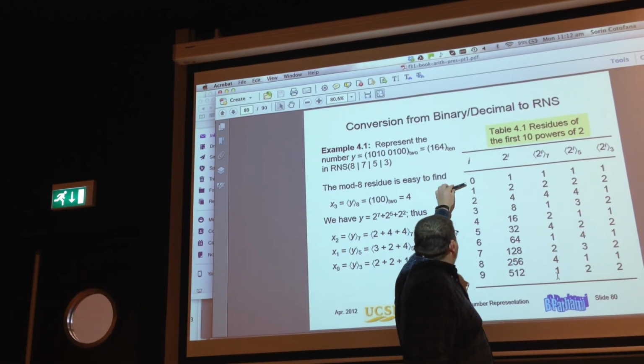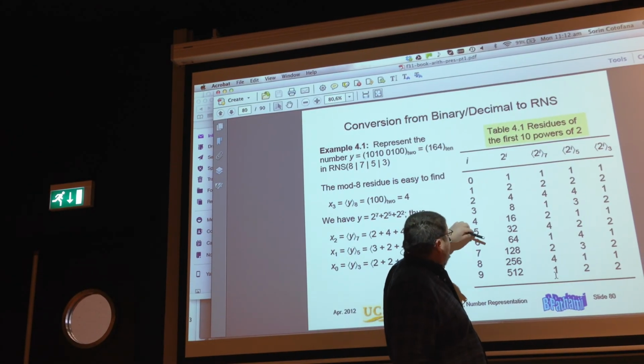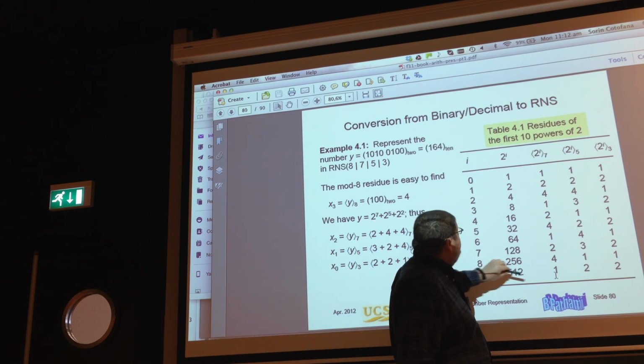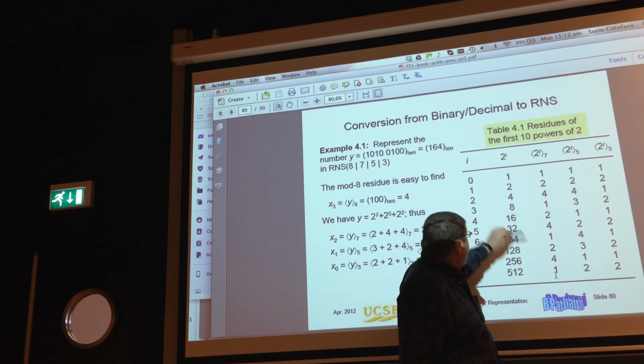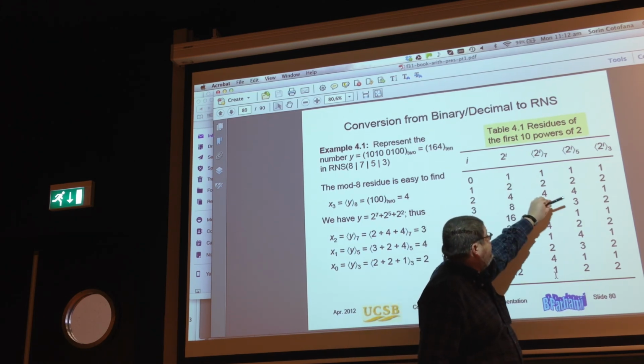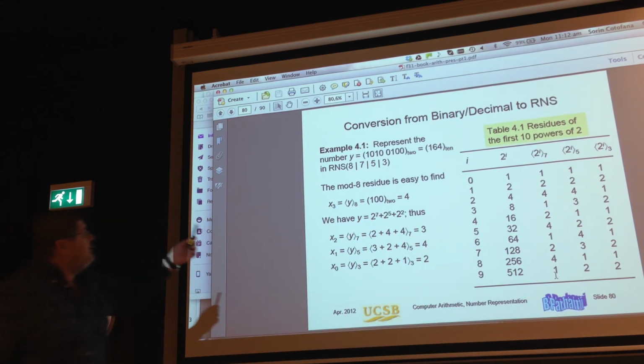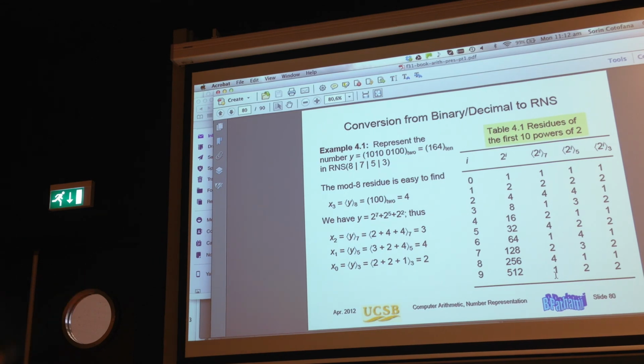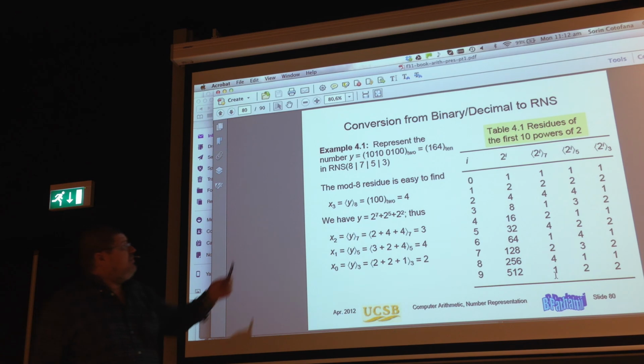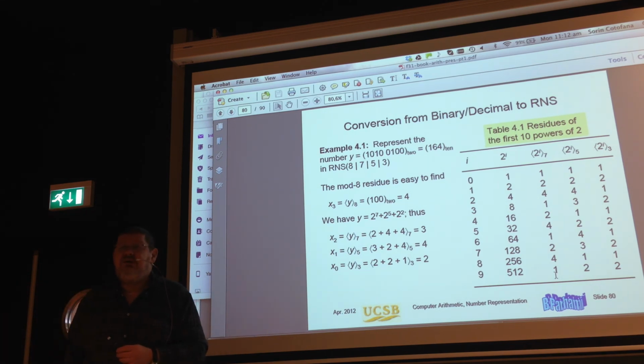Let's say from 0 to 9. Those are the powers of 2. And in here I have the remainders of dividing those values by 7, by 5, by 3. That's my system. My system is modulo 8, 7, 5, 3. Now, if I want to do the calculation, my number is 164.